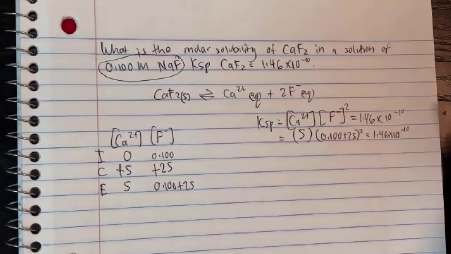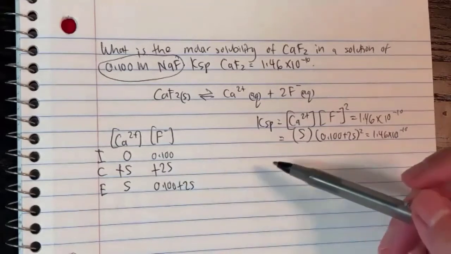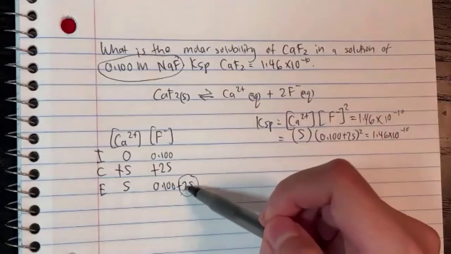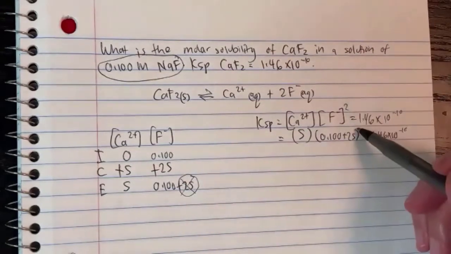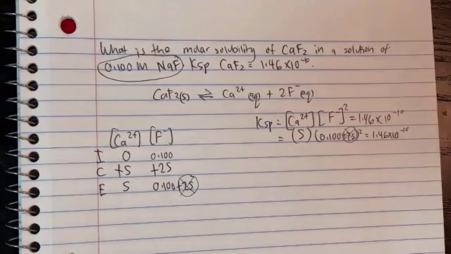Is it really small compared to 0.1? Yeah, it's like 10,000 times smaller or more. So we can assume this 2S here is going to be so small that it's insignificant, okay? So basically we're using our approximation here.